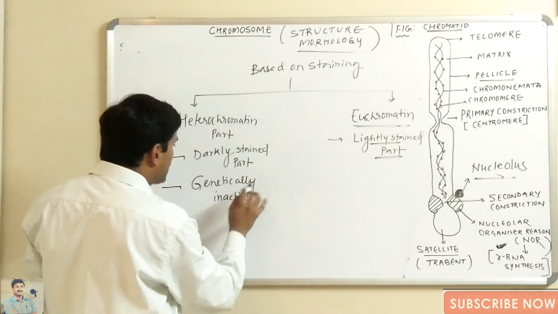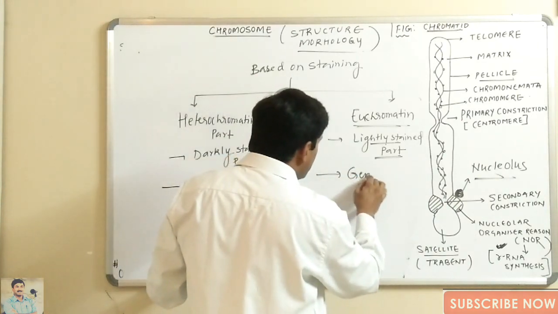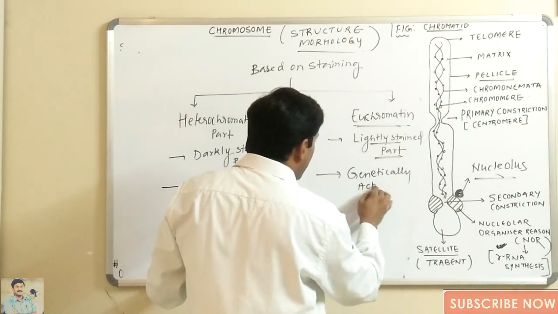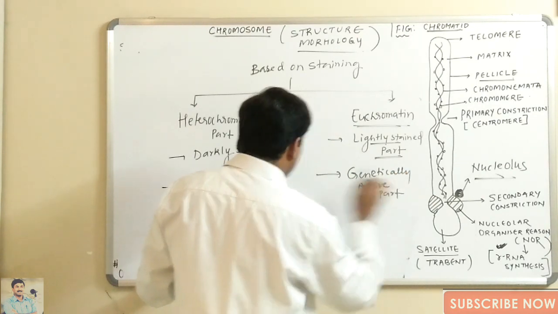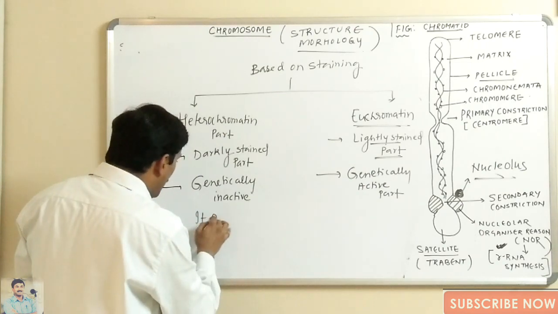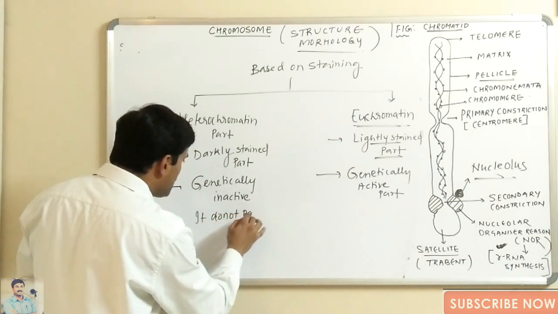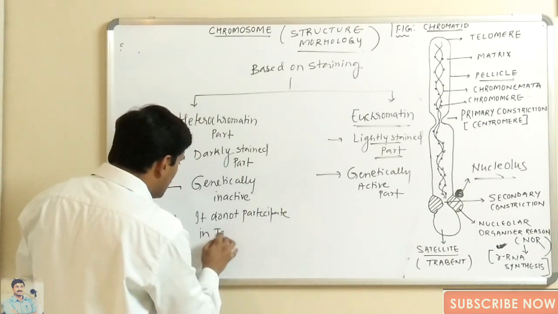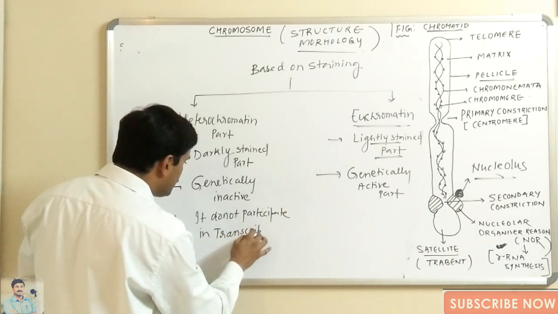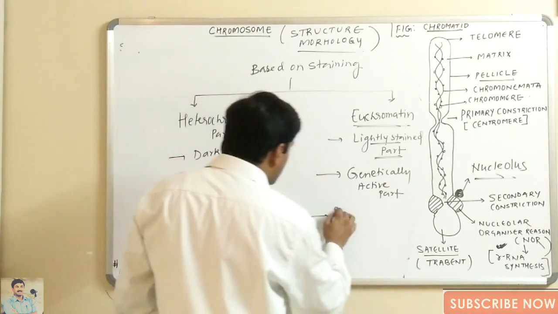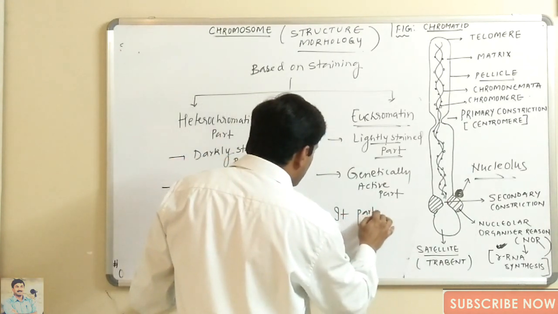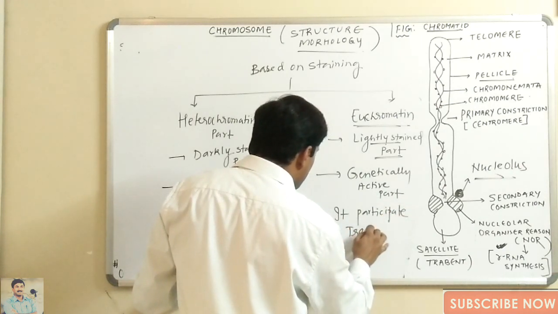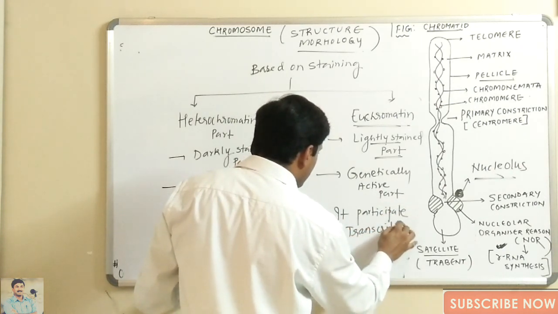Heterochromatin is the genetically inactive part, but euchromatin is the genetically active part. Heterochromatin does not participate in transcription. Euchromatin participates in transcription because it is genetically active.